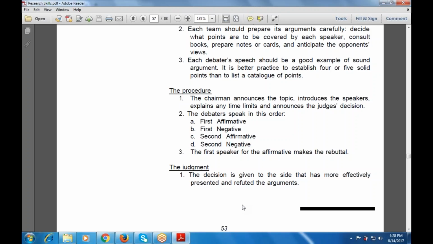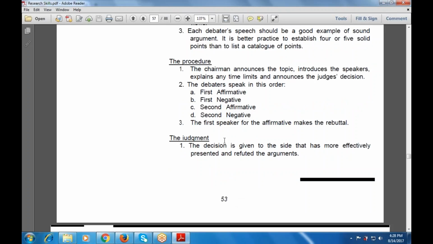The first speaker for the affirmative makes a rebuttal. The decision is given to the side that has presented its arguments more effectively and refuted the other side's arguments.